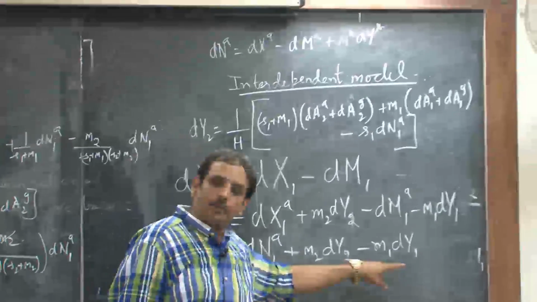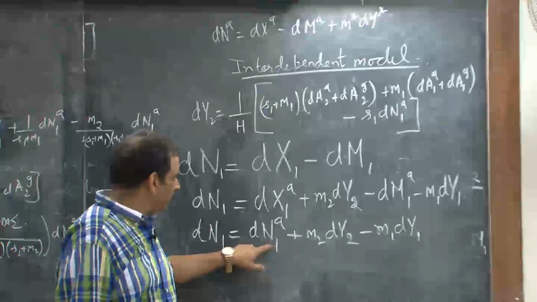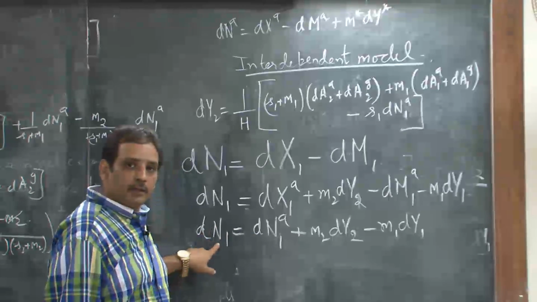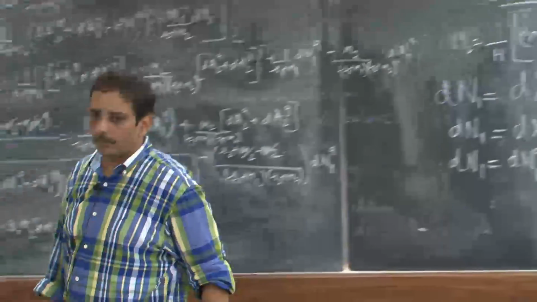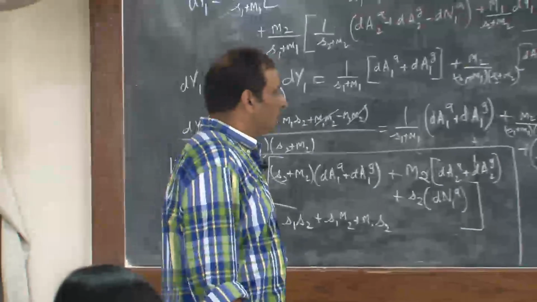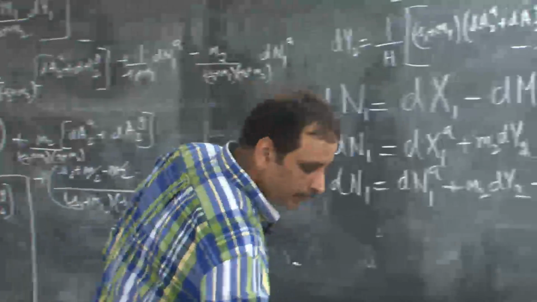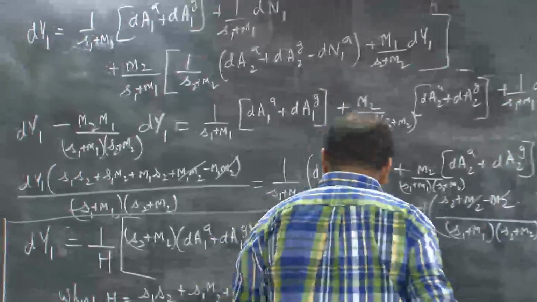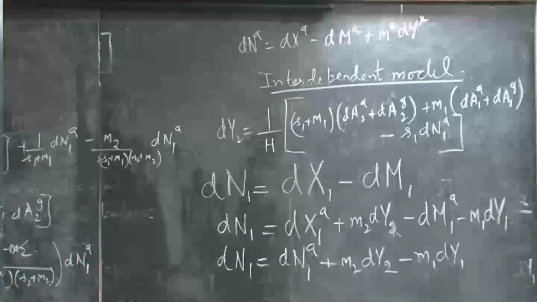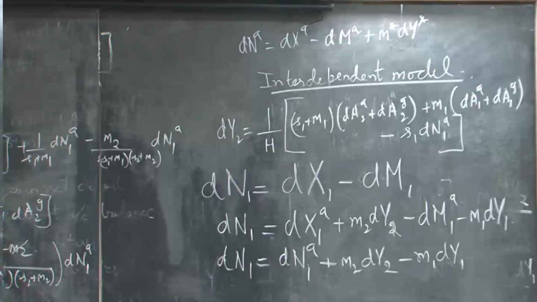You need to substitute here in this equation to get the value of the current account balance. So, let us do it. In the board I will just keep the values of dy1 and dy2 and then solve for the changes in the current account balance.